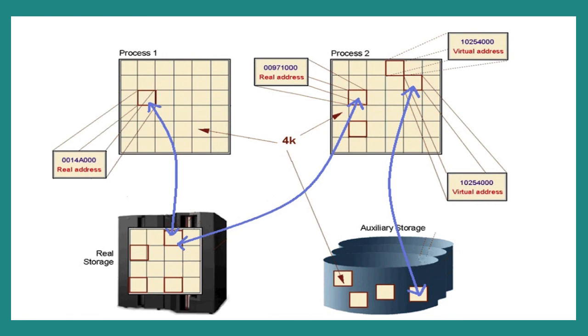The inactive pieces of the program are held in the auxiliary storage, and we need another space to identify that required piece of information. Also, dynamic address translation is used to translate the virtual address and map it to different addresses in central storage.